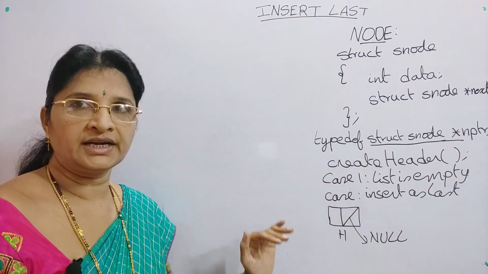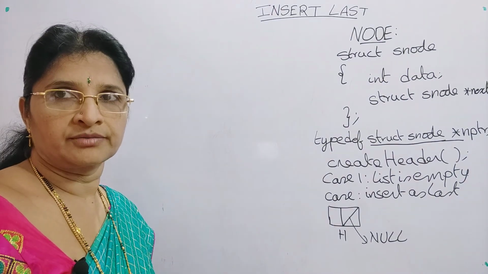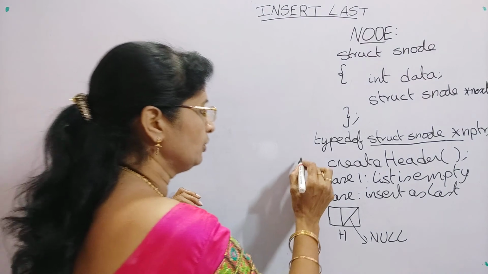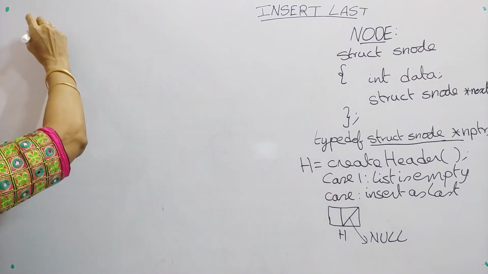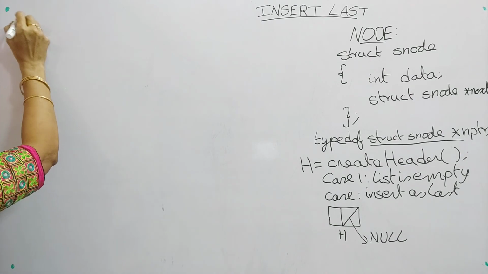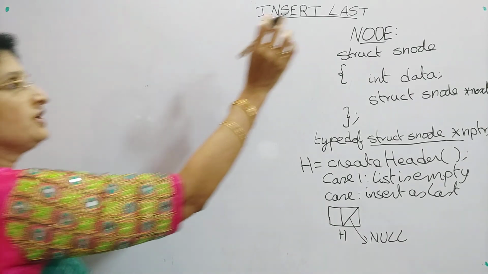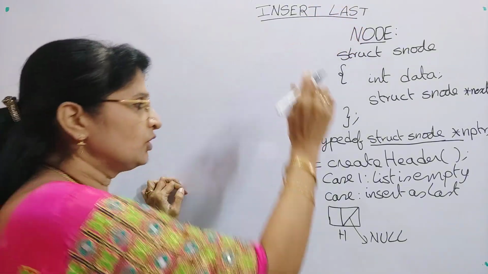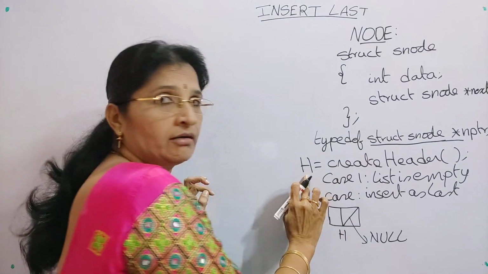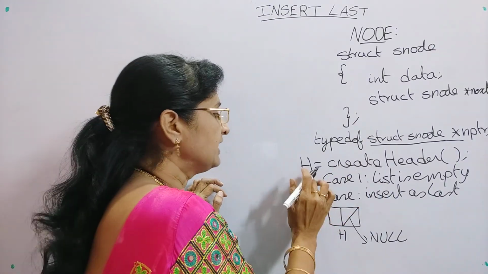Now we will consider both the cases and start writing the function. Whenever you want to write the function, first we have to write the return type. What is the return type? Here we are just inserting a node at the last. Our create header function will return the header, so our header is fixed.